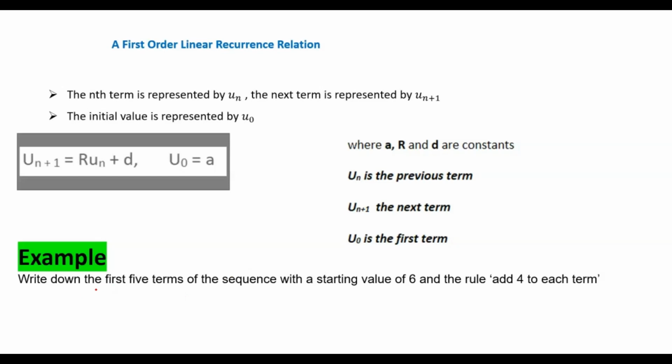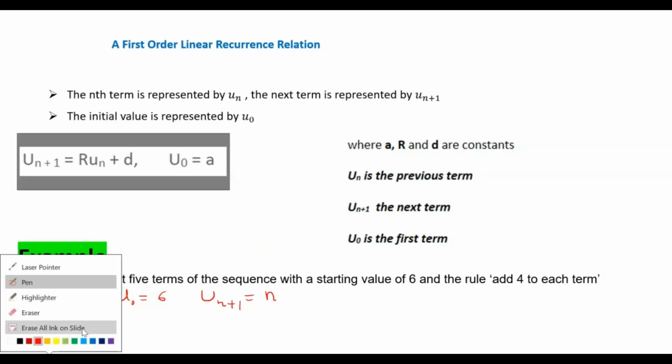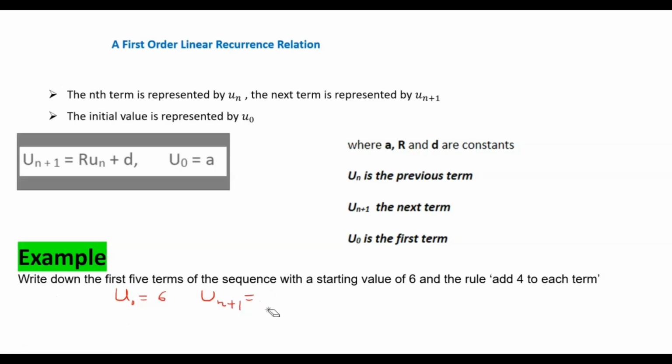Write down the first 5 terms of the sequence with a starting value of 6. So our U0 is 6, and to obtain the next term we need to use the previous term, which in this case will be U sub n, plus 4.